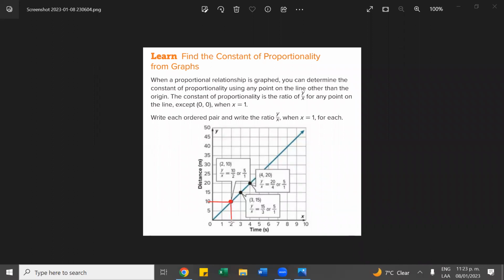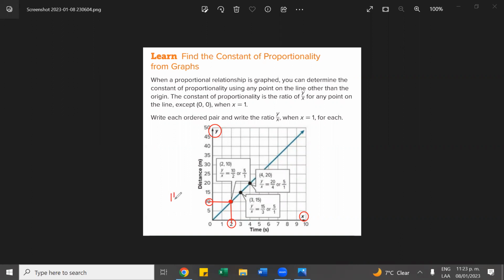10 and 2. So it means the y number would be the one that is on the y line, and the x number would be the one that is on the x line. Okay, so in this case, y would be 10.